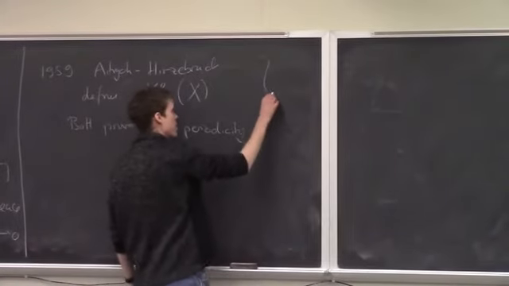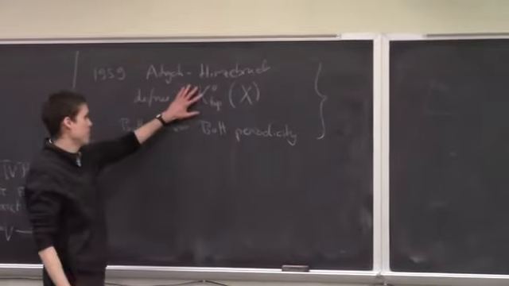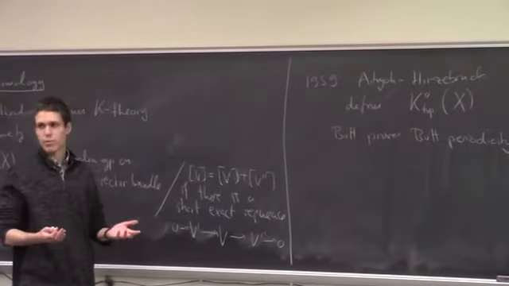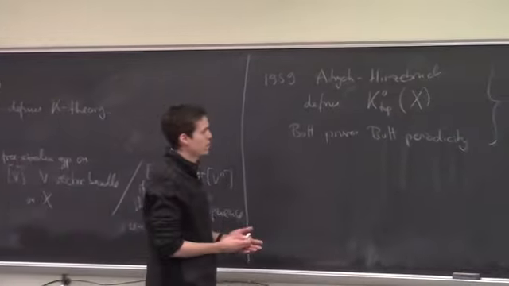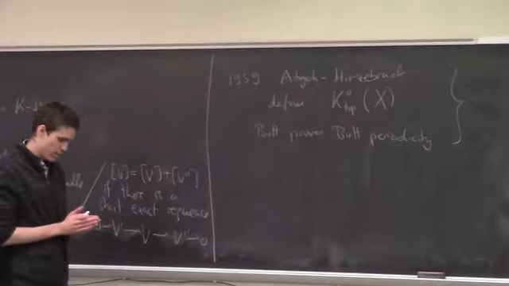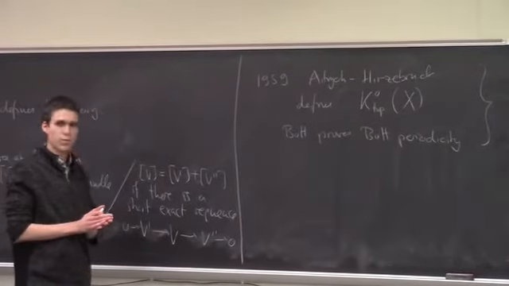So by combining this K0 construction and Bott periodicity, Atiyah and Hirzebruch were able to extend this abelian group to a whole graded cohomology theory.